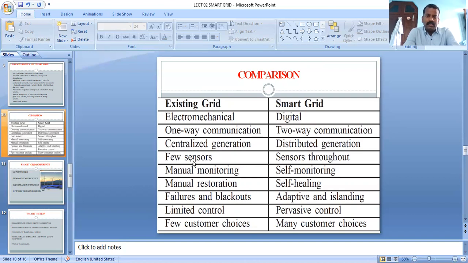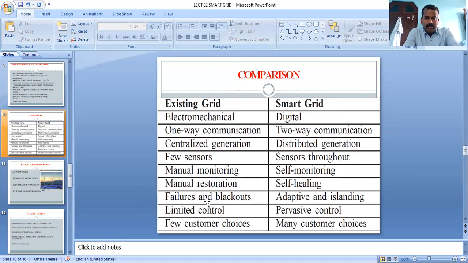There are only a few sensors, meaning only in power plants, not at the load, while sensors are throughout the power system in the smart grid. Manual monitoring happens in the existing grid, while self-monitoring happens in the smart grid.